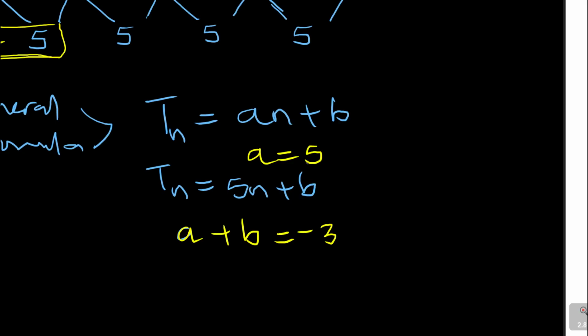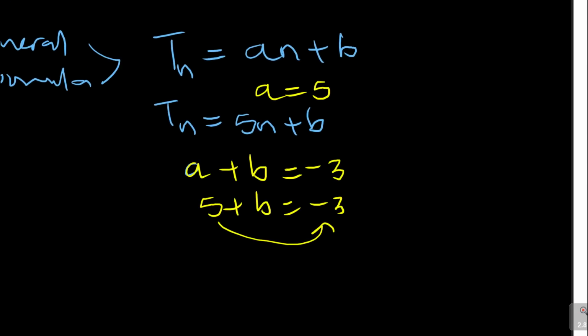But we know a is 5, so 5 plus b equals minus 3. Take 5 to the other side. What do you have? b is equal to minus 3 minus 5, so b is equal to minus 8. See that? Then you know what your Tn is now.